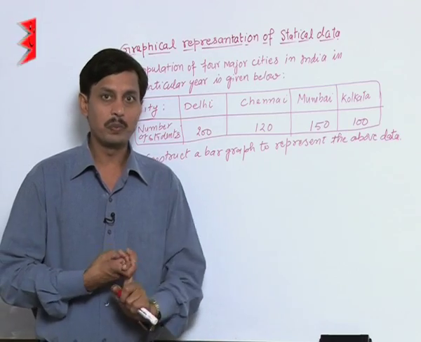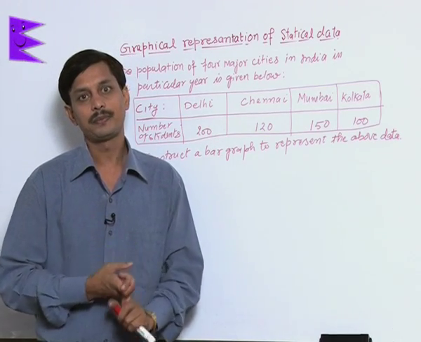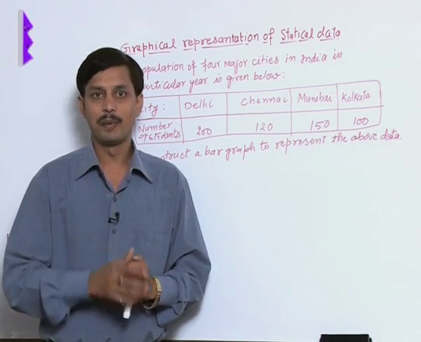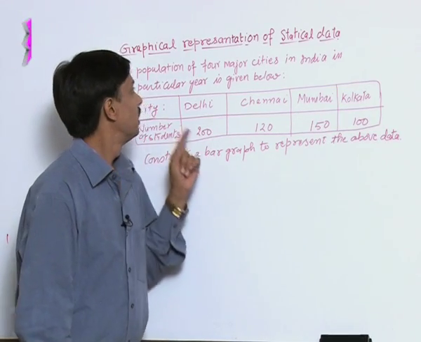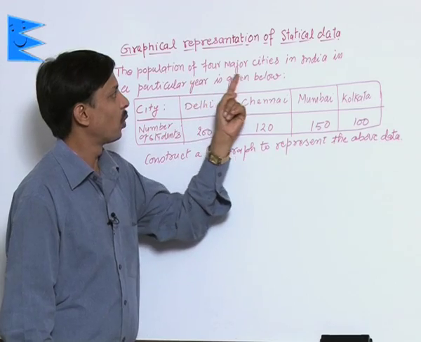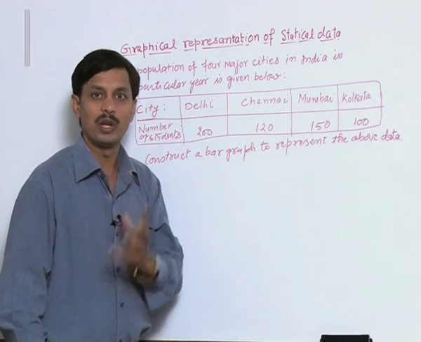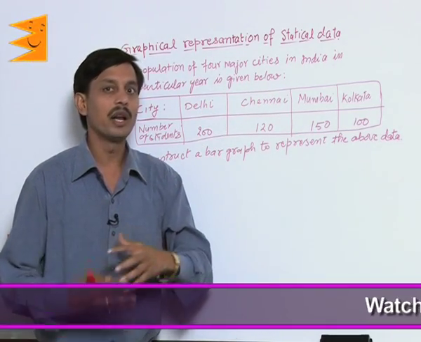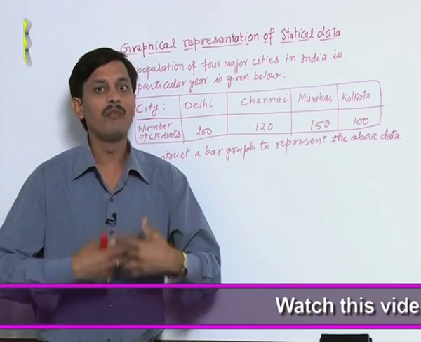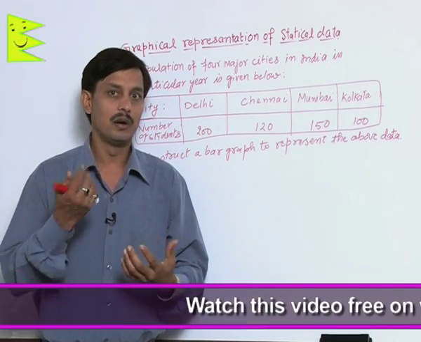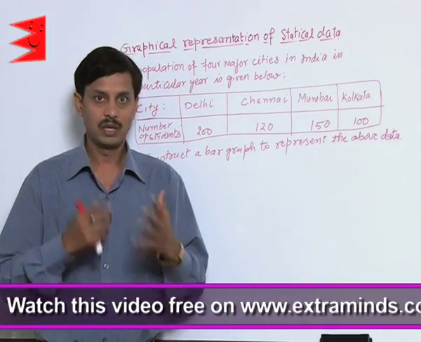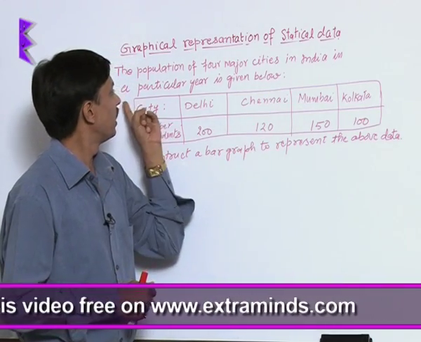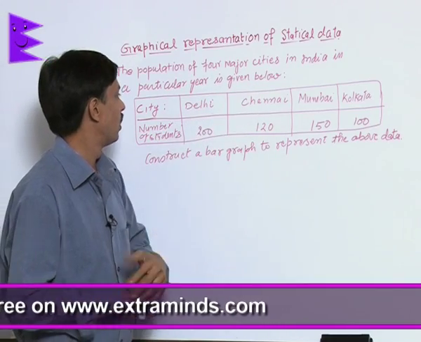In order to explain how to draw the bar graph, I am taking an example which you can read here with me. It is the number of students from 4 major cities in India who have qualified for a prestigious entrance test in a particular year, given below.